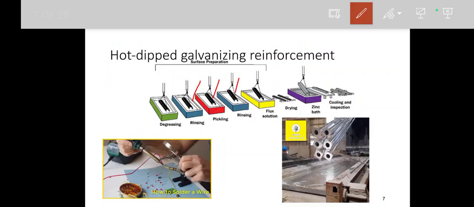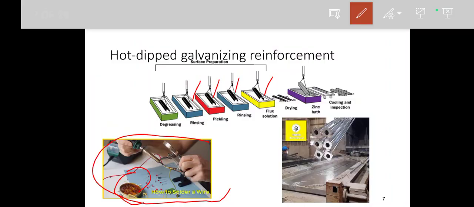That is once again rinsing with neutral water, and then flux. Flux is a type of material which allows strong bonding of the zinc. You already know about soldering. Whenever you do soldering, you will have a solution of dark yellow or golden color.